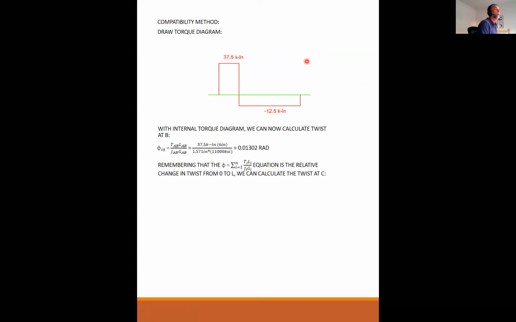Right there. Okay. Now, remembering that the phi is equal to the sum of the TL over JG of each segment, that equation gives you a relative twist from one point to another point. So we can calculate the twist at C by using this equation.